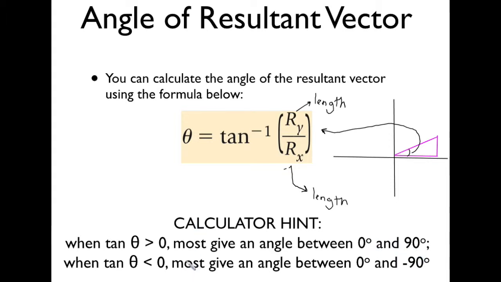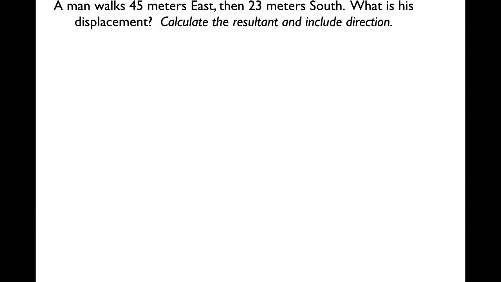And if your tangent is less than 0, most will give an angle between 0 and negative 90. So if you had something down here, they're going to give you this angle as a negative, and that's all they're saying in this.